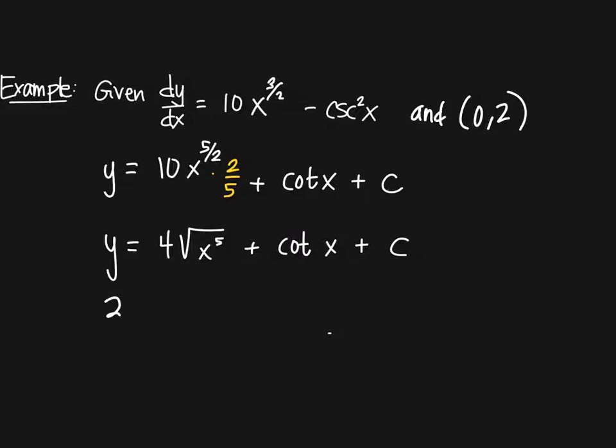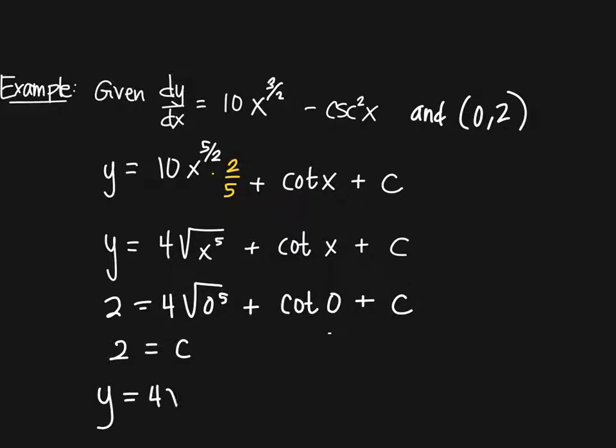So this would be 2 equals 4 times 0 to the 5th plus the cotangent of 0 plus c, which means c is 2. So my antiderivative is 4 times the square root of x to the 5th plus the cotangent of x plus c.